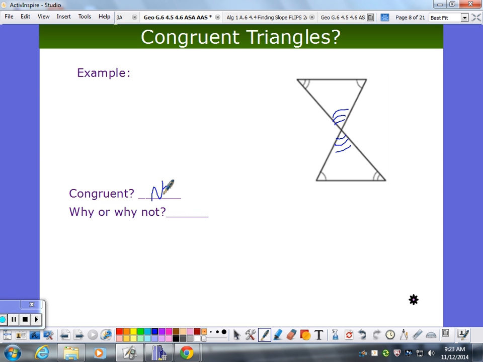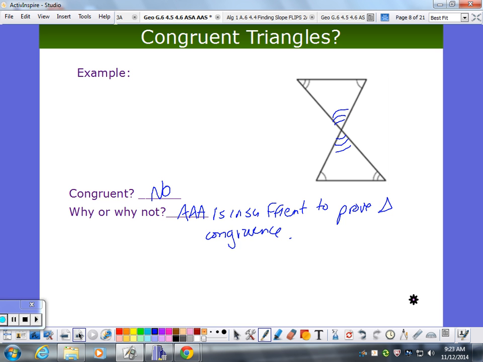I cannot conclude they are congruent because angle, angle, angle is insufficient to prove triangle congruence. And that's all I've got.